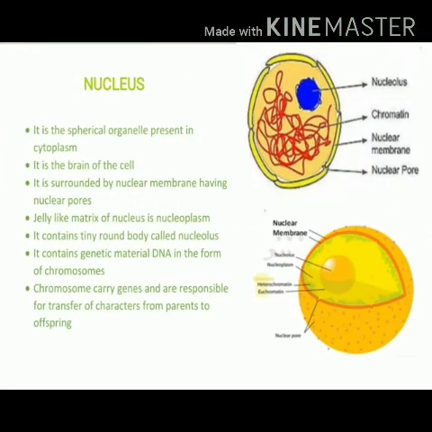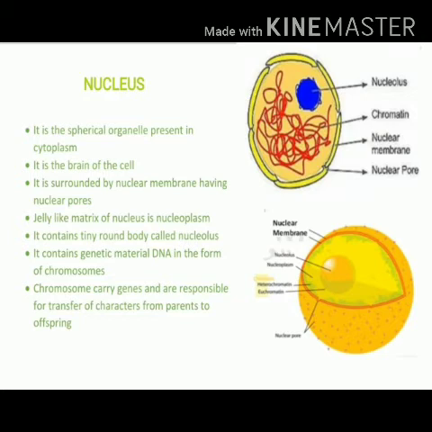Now let's discuss the next main part of the cell, that is the nucleus. The nucleus is a dense spherical organelle present in the cytoplasm of both plant and animal cells. Students, the nucleus is known as the brain of the cell as it controls all activities of the cell.